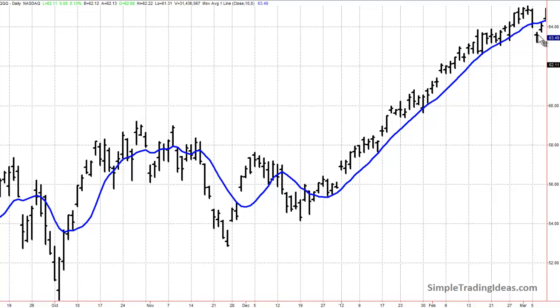So in this case, here we would get an entry trigger. Here at that particular open, we would actually be selling. Now, we're not looking at any other rules.